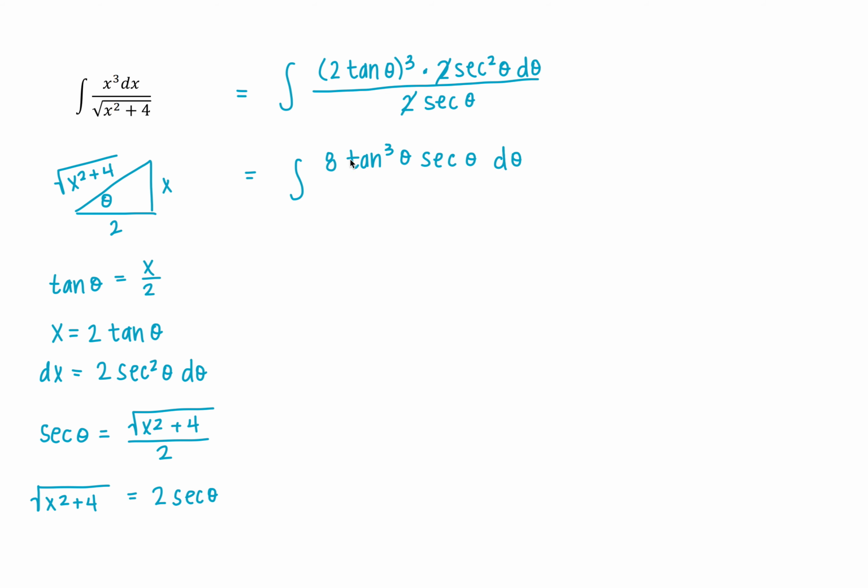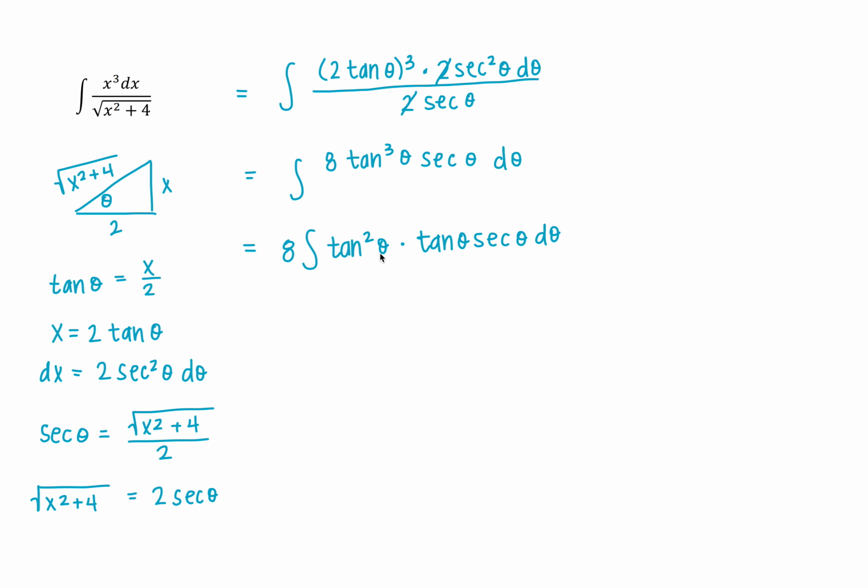What I'm going to do here is break up the tangent cubed theta. So this is going to harken back to the last section. I'm going to break that up as tangent squared times tangent. And I'll go ahead and move that 8 in front. So I've got tangent squared theta times tangent theta secant theta d theta.